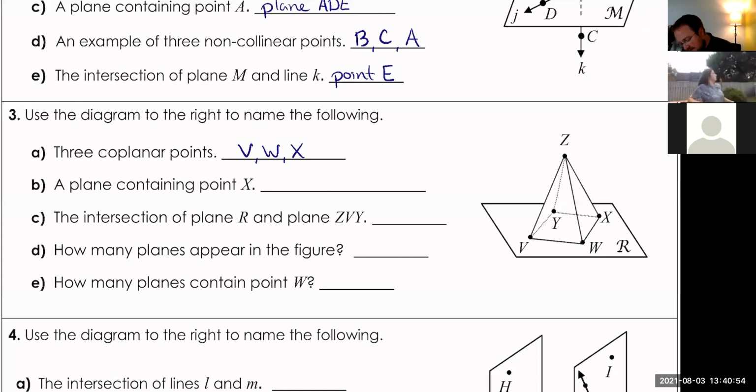How about a plane containing point X? WYX, yep, that would work. Or I could have even said plane R. Where is the intersection of plane R and plane ZVY?